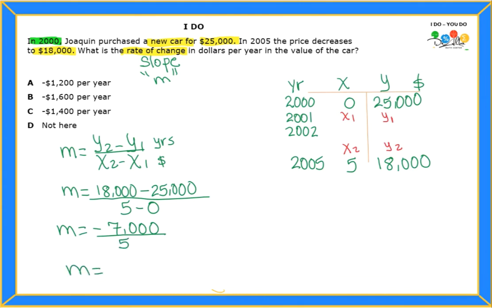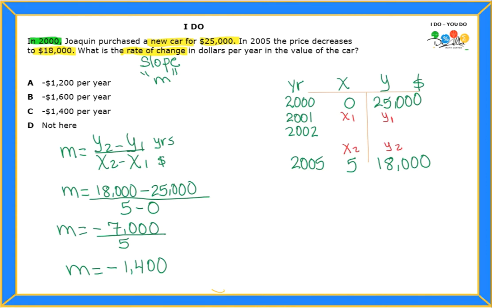And what's 7,000 divided by 5? I know there's a negative. A negative divided by a positive gives me a negative. And 7,000 divided by 5 gives me 1,400. Is that right? So what does the 1,400 represent?